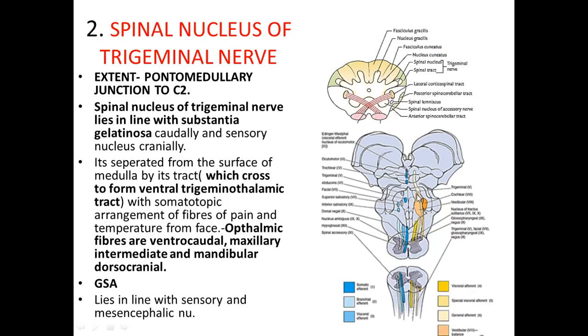So the most lateral one is the general somatic efferent, then medial to it will be the special visceral efferent, and then will be our general visceral efferent, right? So it belongs to general somatic afferent, as it is carrying the general sensation from the face, right? Not from the viscera.